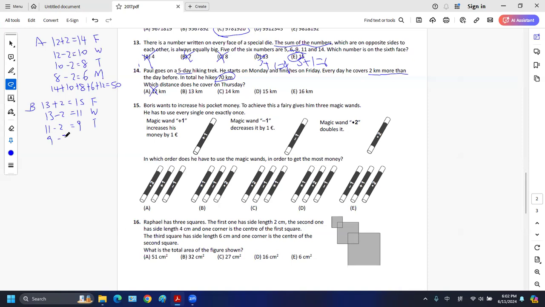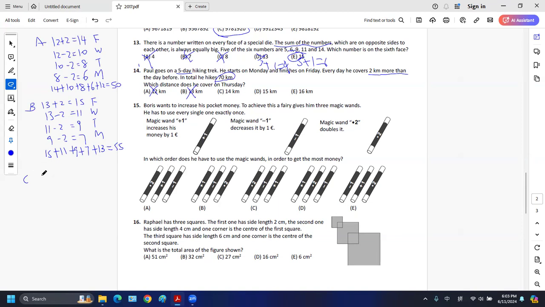Now 15 plus 13 plus 11 plus 9 plus 7 is 55, which is not the answer because that's not 70.